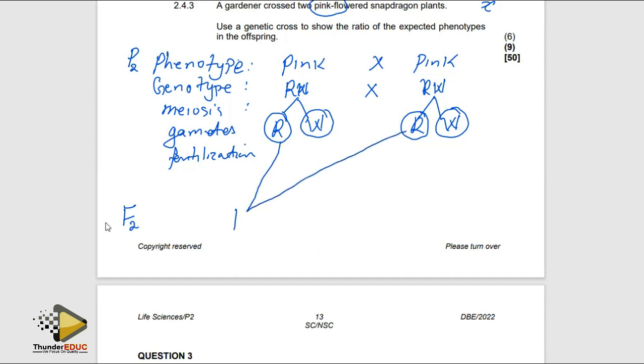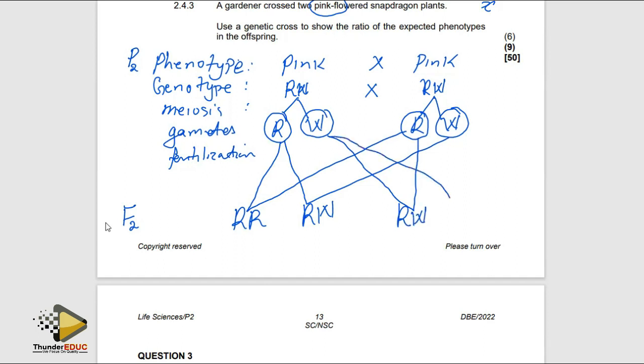So I'm going to have capital R, capital R, and now this with that is capital R, capital W. Now this with that is capital R, capital W. Then this with that is capital W, capital W. Yes. So this is what is called fertilization.